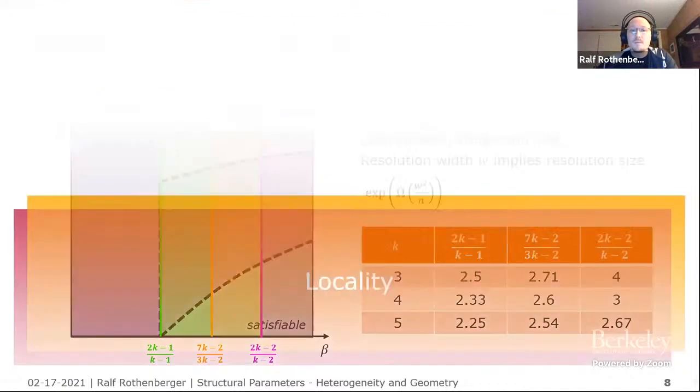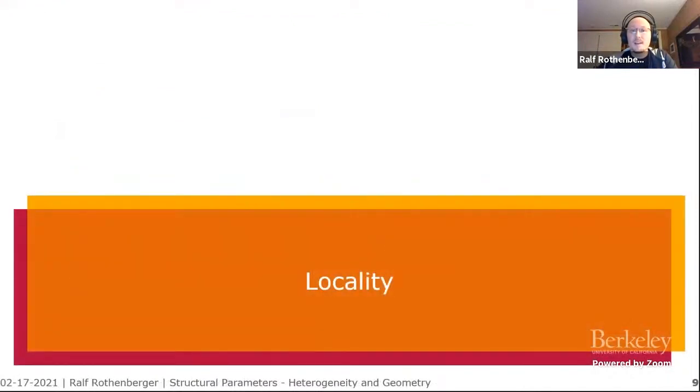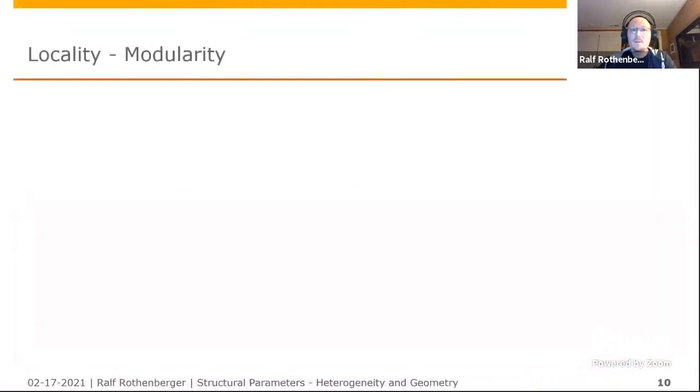But we also wanted to look at locality. And usually when you look at locality, you have some kind of measure for that. For example, modularity, which essentially says that if you have 3 vertices and 2 of them are connected to the third one, then it's more probable that these 2 vertices are also connected with each other.